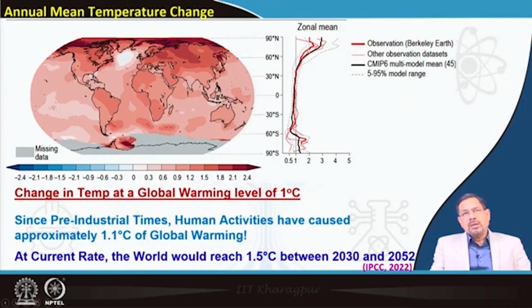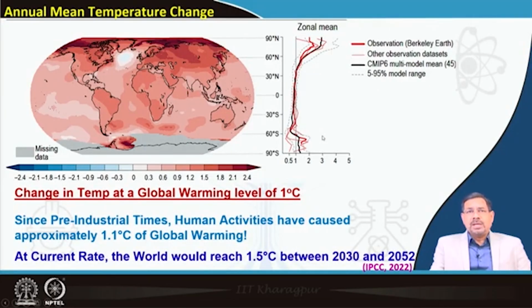Here, on the northern hemisphere towards the polar region, or what we call high latitude, the increase of mean annual temperature is very, very high, and there is also some increase at high latitude in the southern hemisphere.